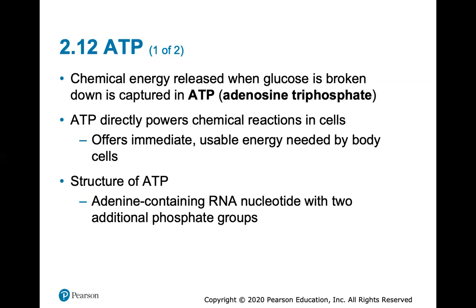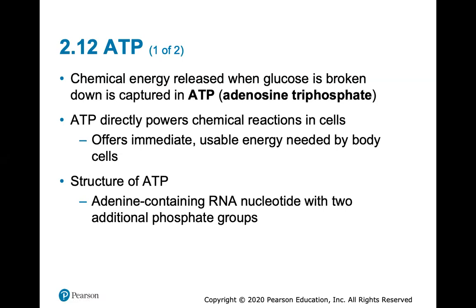Chemical energy is released when glucose is broken down and is captured in ATP, which is adenosine triphosphate. ATP directly powers chemical reactions in the cells. It offers immediate usable energy needed by your body cells. Without ATP, your cells die and you die.